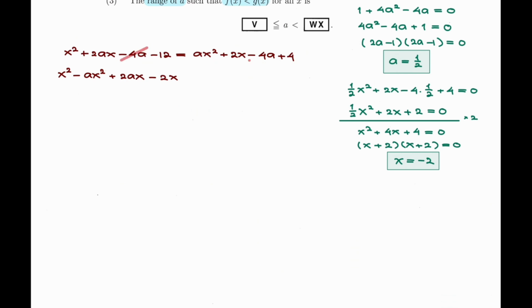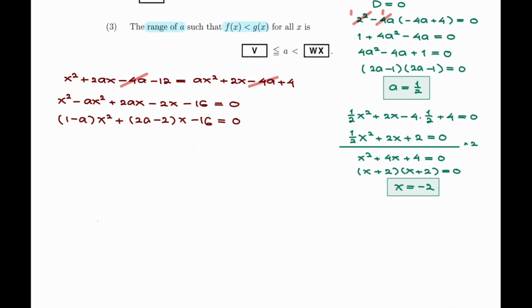We can cancel out these, and then minus 12 minus 4 gives negative 16, equals 0. Then I can factorize x squared and obtain (1 minus a) x squared. From the other terms, I can factorize x, then I get (2a minus 2) x minus 16 equals 0.